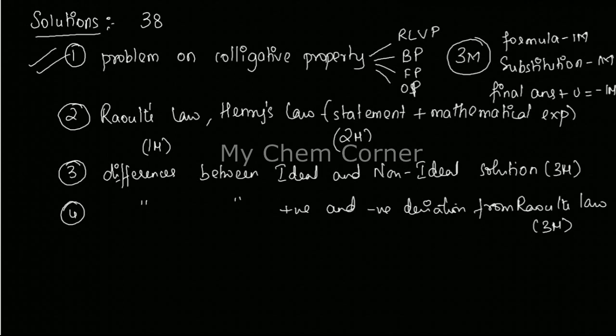You can tell about the type of interaction that's dominating here. Then you can talk about why the positive negative deviation is happening by taking a certain example. You need to tell the reason, not only take an example, but tell a reason to it. Why is it so? What is the reason and all of that? So those you can answer for a 3-mark, 3 points.